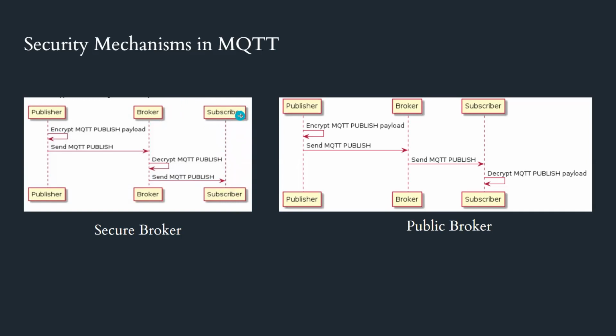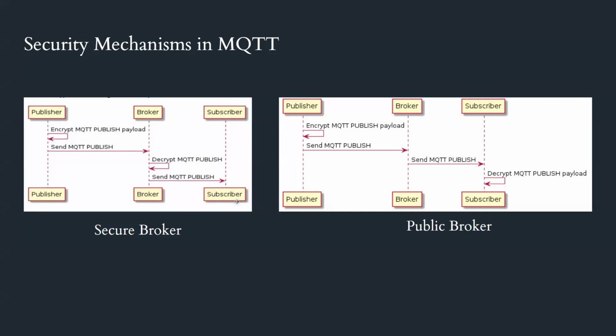During that initial communication, where the subscriber is informing the broker about its presence, the broker allows the subscriber to access this communication network. Since the broker trusts the subscriber, the broker can send the data to the subscriber.